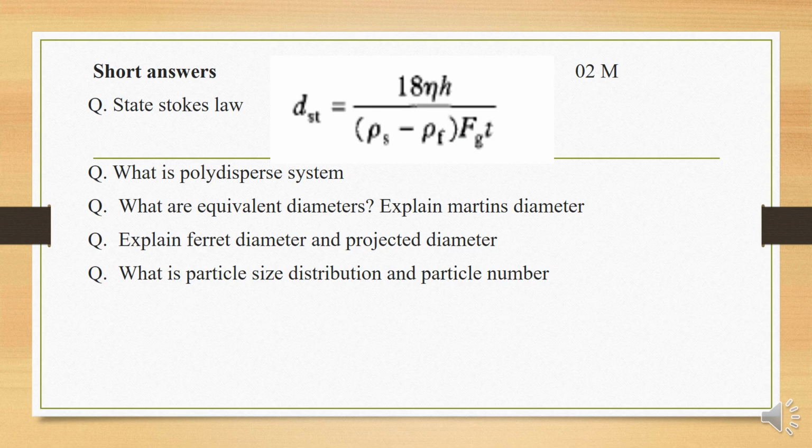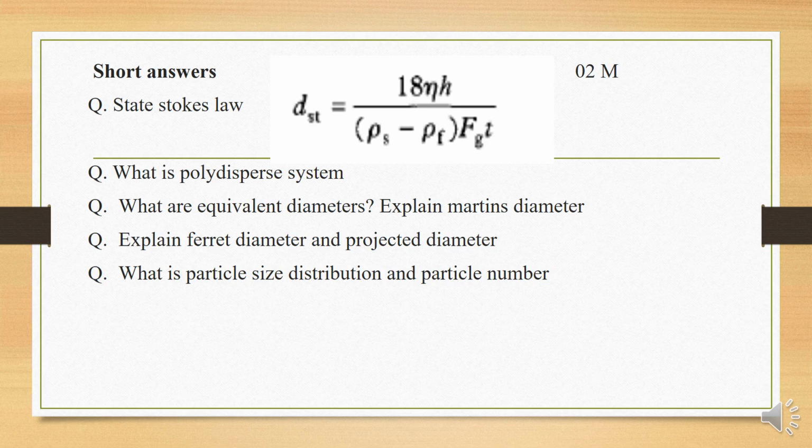But for a poly disperse system, there is no universal way of defining the size of a powder. But we have to assign the powder a characteristic value. So many attempts have been made to describe the powder by arithmetic mean, geometric mean, and harmonic mean.